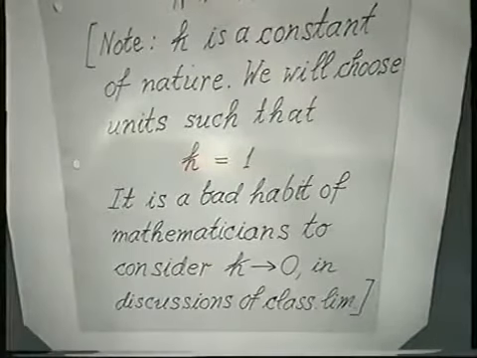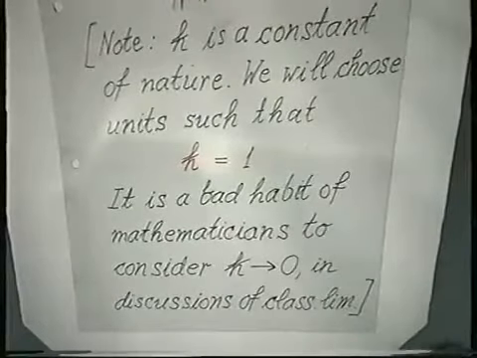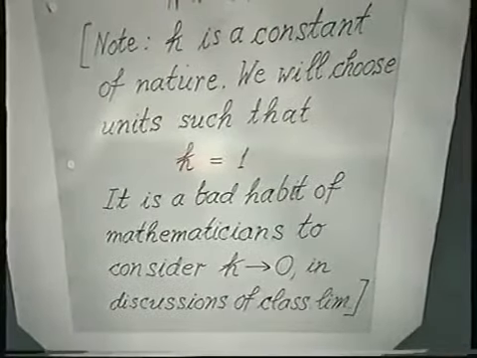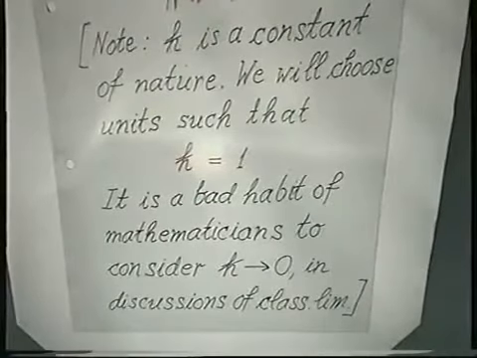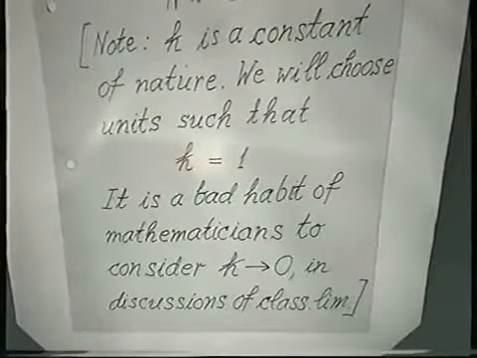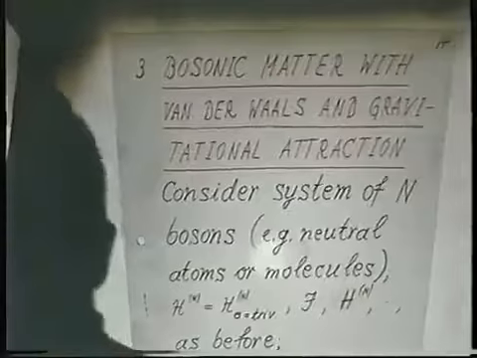All right, so now I'm going to consider an example for which these general ideas about classical limits can be made reasonably precise. And this is a system of many, many bosons with very weak two-body interactions.